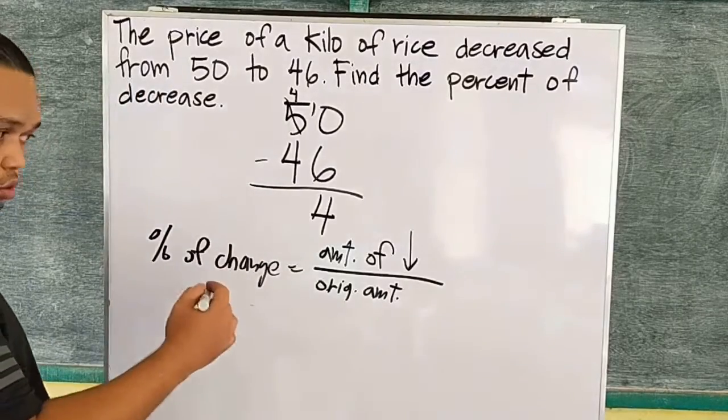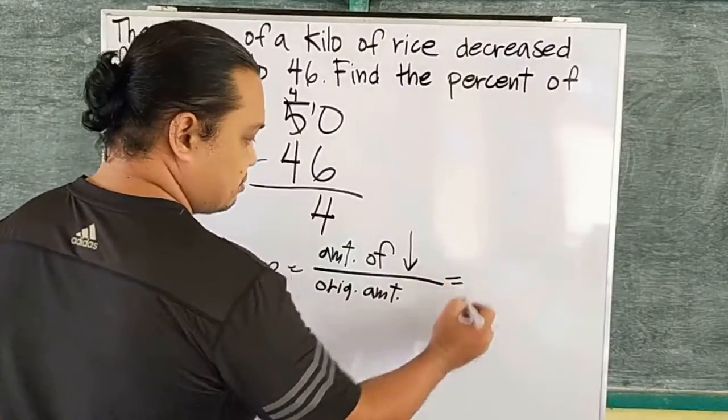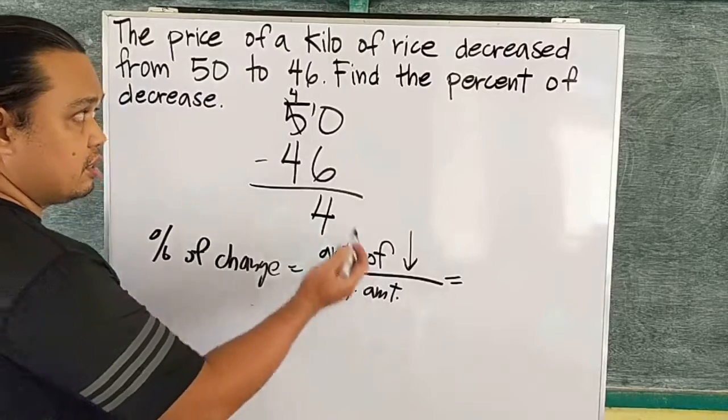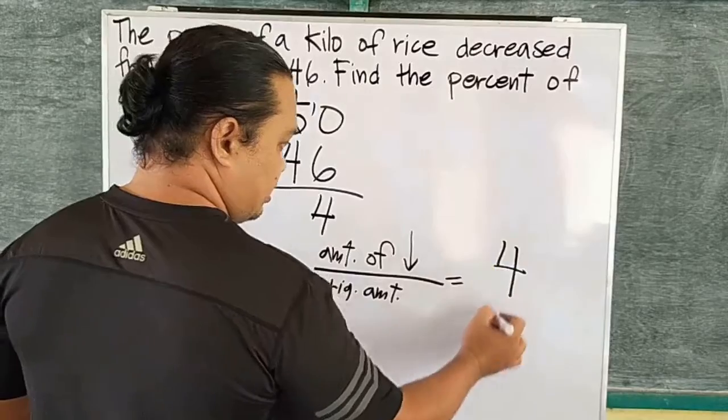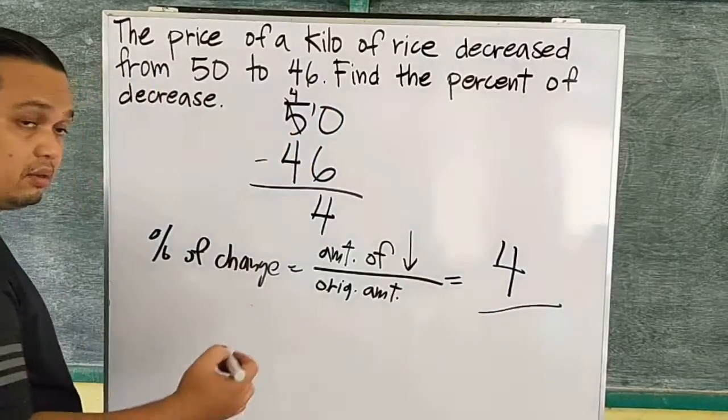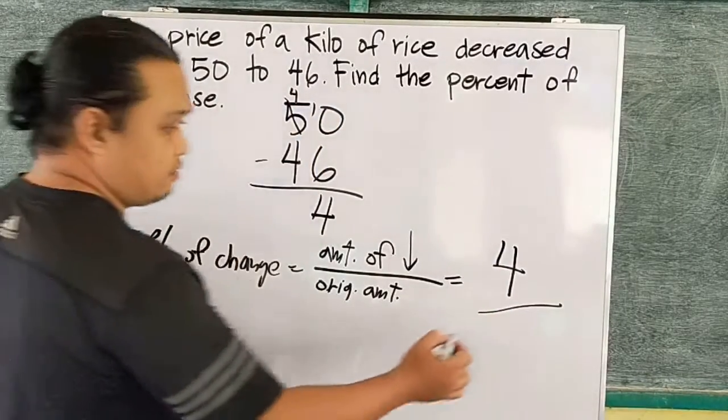So if we're going to substitute the amount of decrease from 50 to 46, that's 4. And the original amount of rice is 50.